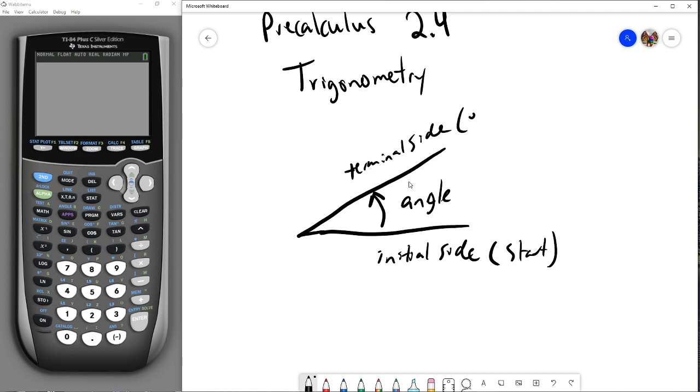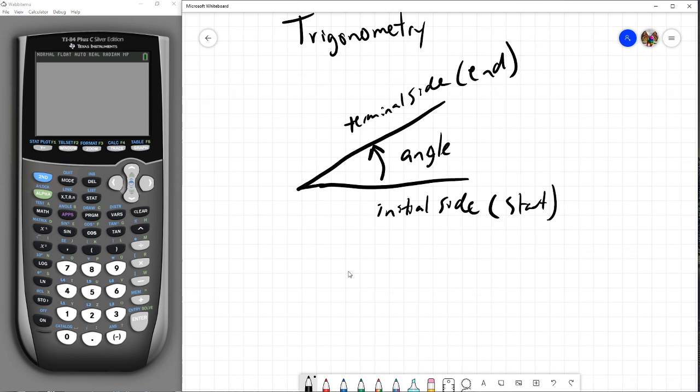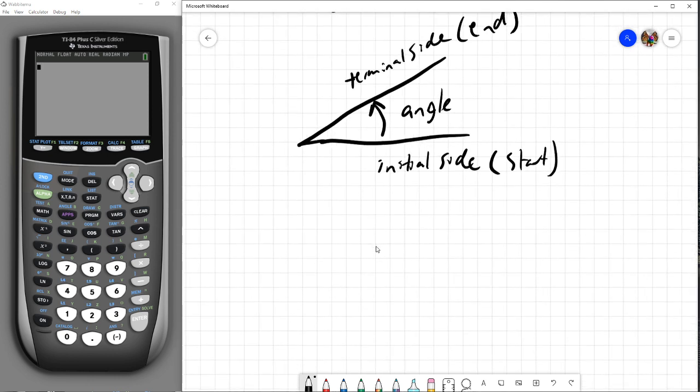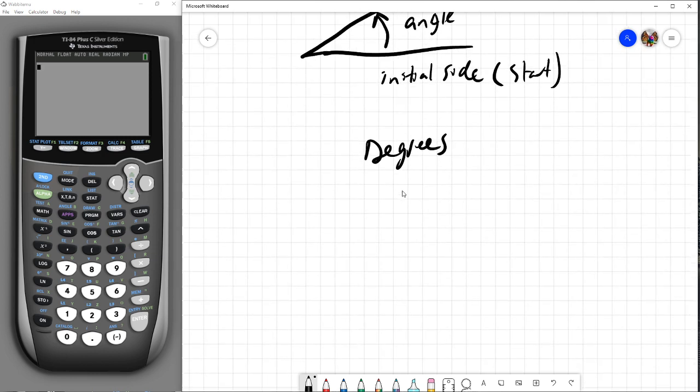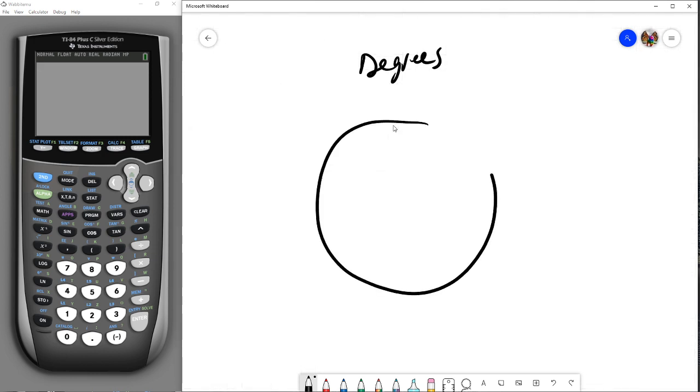Start, end. Alright. And then how we measure angles, our unit is called degrees. So when we think about our circle here, a circle has 360 degrees. And the unit for degrees here is denoted with a little circle up top.